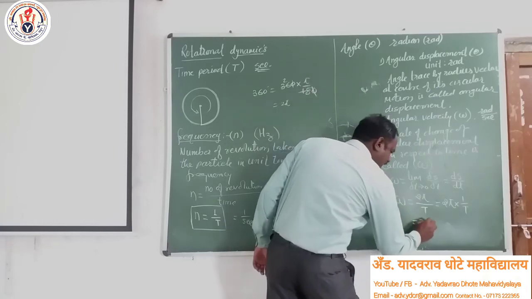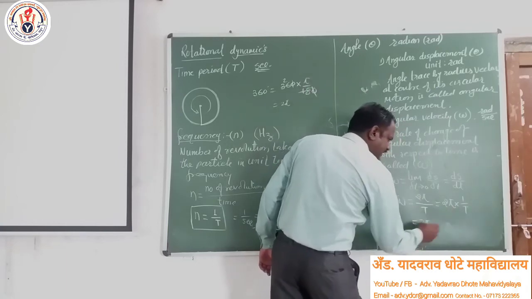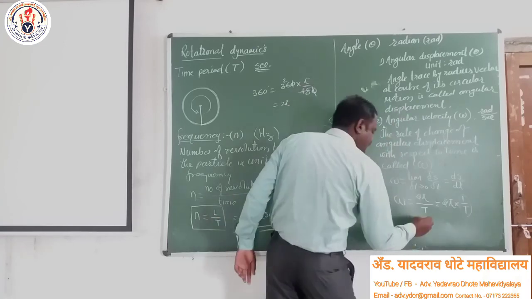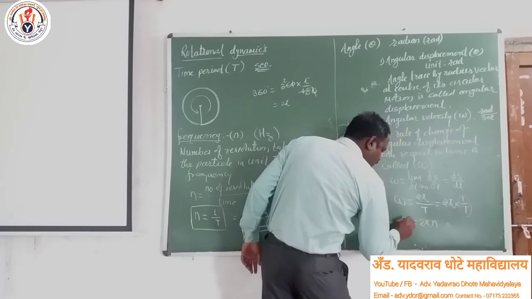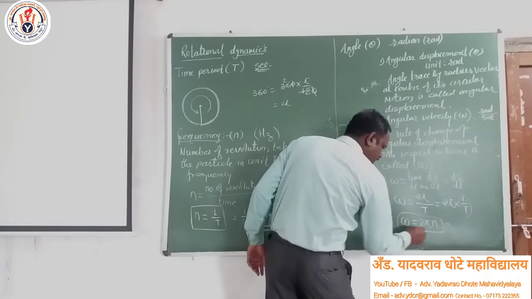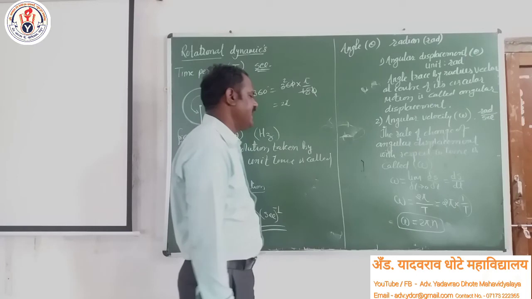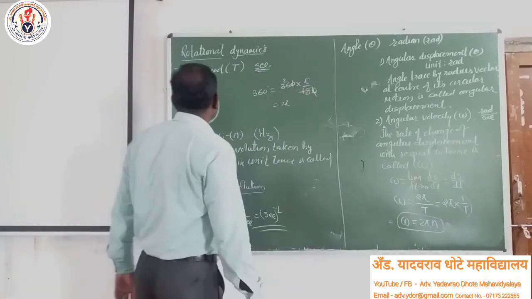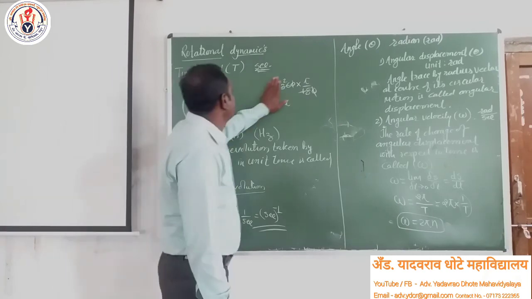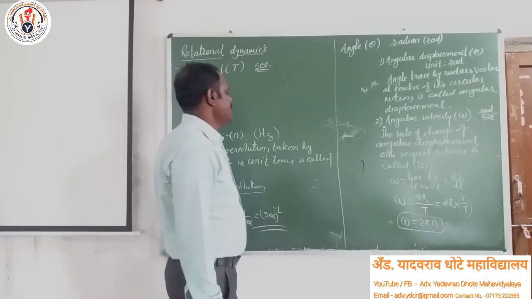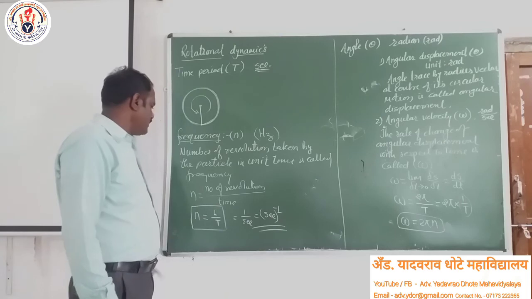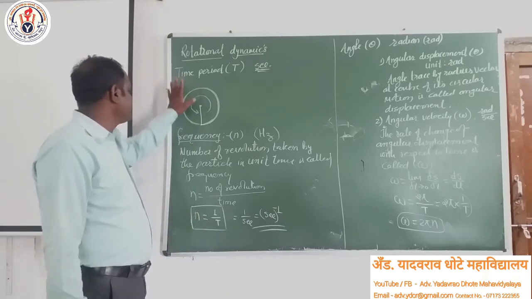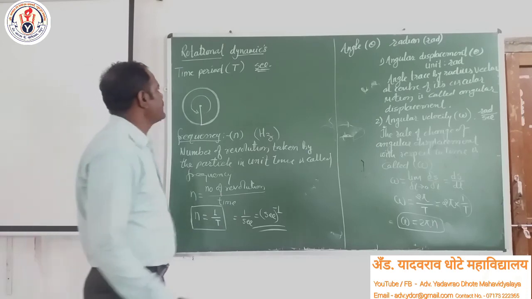Again 2 pi ये जैसे कि वैसे लिखा है मैंने, और 1 by t के जगह अगर मैं लिखता हूँ n, so again the formula comes omega is equal to 2 pi n. So ये एक रिलेशन मिला है आपको एंगुलर वेलोसिटी का. एंगुलर एक्सेलरेशन वो भी हमने देखे हैं. So omega is equal to 2 pi n and n is equal to 1 divided by t. So time period, frequency.